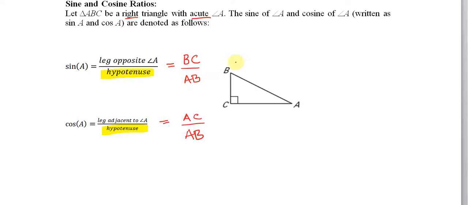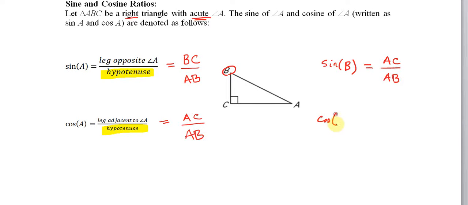But we could also use another acute angle. As long as the angle is acute, we could use it with these two ratios. So we can also say that the sine of the measure of angle B is the leg opposite B. If we're using B as our reference, the leg opposite is AC, and the hypotenuse is still AB.